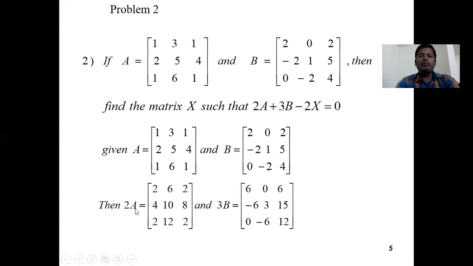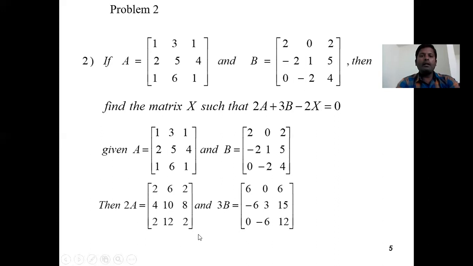How can we find the 2A? 2 into A. The A value is given. 2 into 1 is 2, 2 into 3 is 6, 2 into 1 is 2, 2 into 2 is 8, 2 into 2 is 4, 2 into 5 is 10, 2 into 4 is 8, 2 into 1 is 2, 2 into 6 is 12, 2 into 1 is 2.